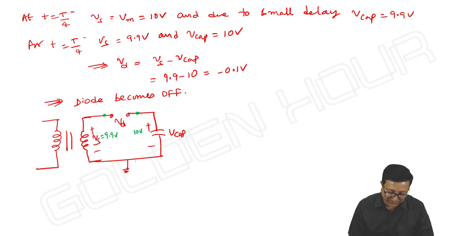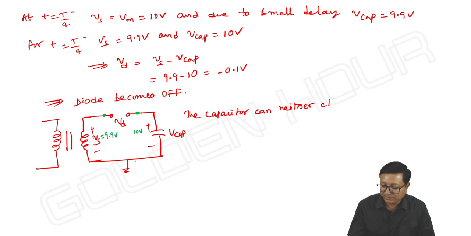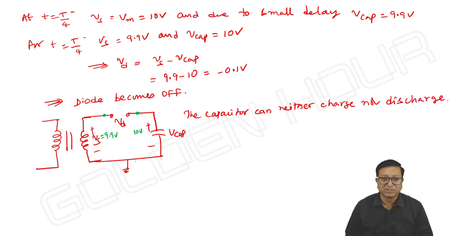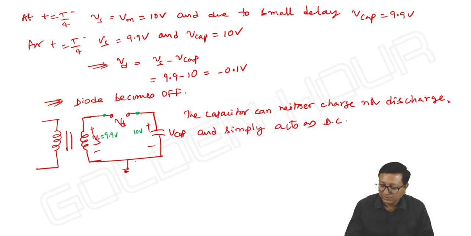Okay. Then in that case, the capacitor can neither charge nor discharge. So once the diode is off, the capacitor can neither charge nor discharge, and simply acts as a DC source or battery.